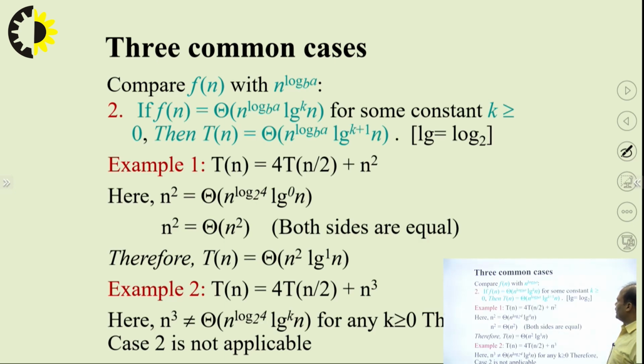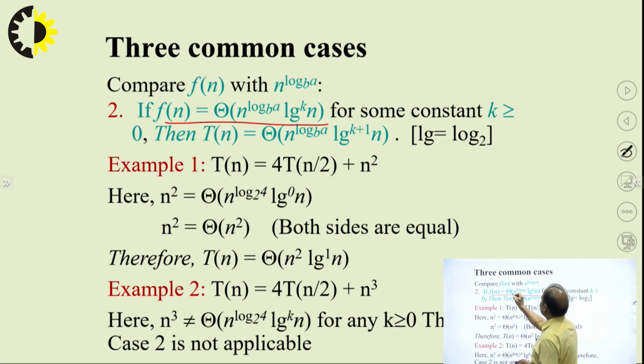Anytime if case 1 is not applicable, we look for case number 2. So what is case number 2? We are comparing Fn. First case was discussing about big O notation, and second case is discussing about theta notation.